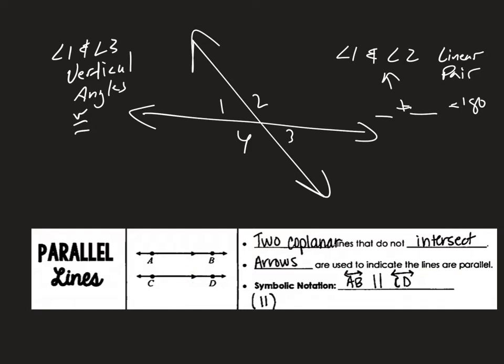These extra arrows right here are used to indicate parallel relationships. The symbolic notation is that line AB, remember our notation, is parallel to line CD, where these vertical lines mean parallel. Make sure you get all of that into your notes. Again, press pause, copy all this into your notes.